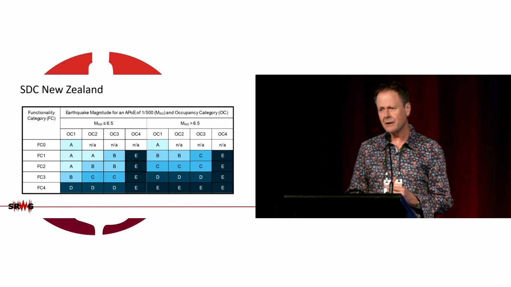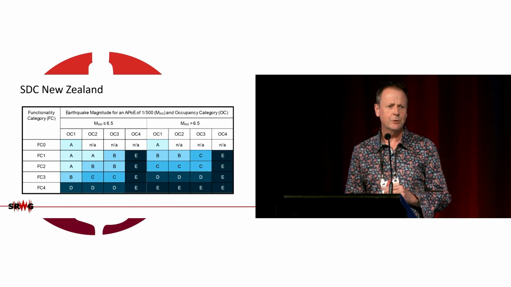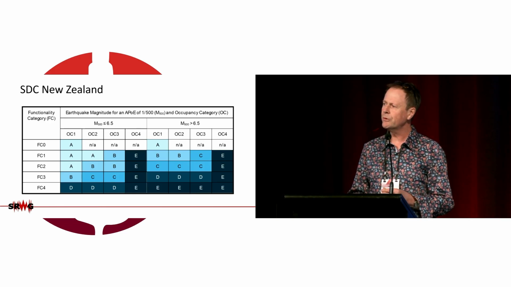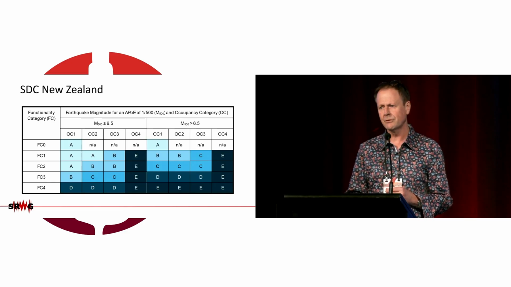The reason for the magnitude split is because we don't think it's probably necessary to ask people in low seismic areas, like Auckland, for example, to follow all the same rules that are put in place for highly active areas like Wellington.